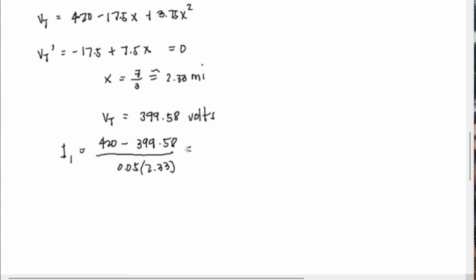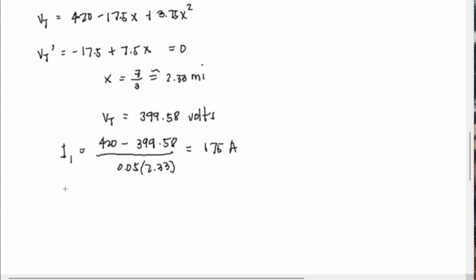So, store ko sa B. Then, 420 minus B over 0.05 A. So, that would be 175. Exactly 175 kung hindi kayo magra-round off.